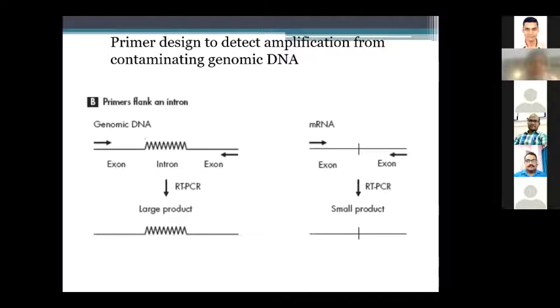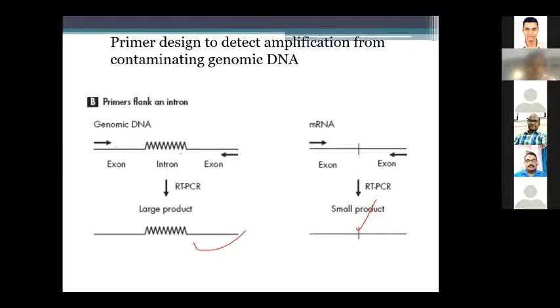Similarly, in the second condition, if we design a primer on genomic DNA with exon and intron, for mRNA these two exons make a small product, and if the sample is contaminated with genomic DNA, we get a large product because it also synthesizes the intron.